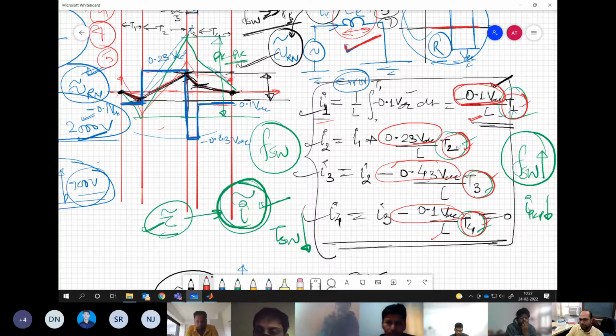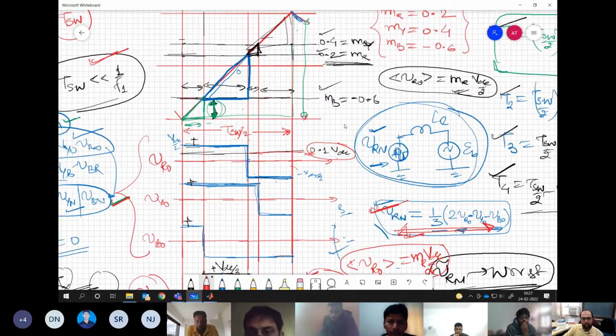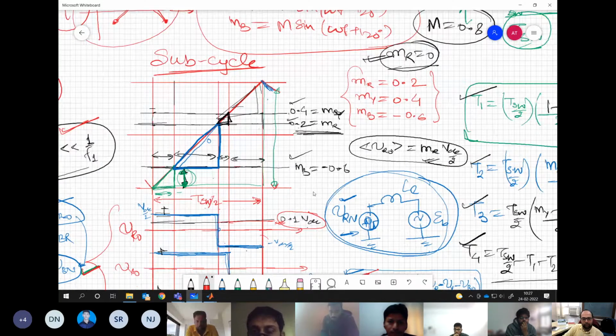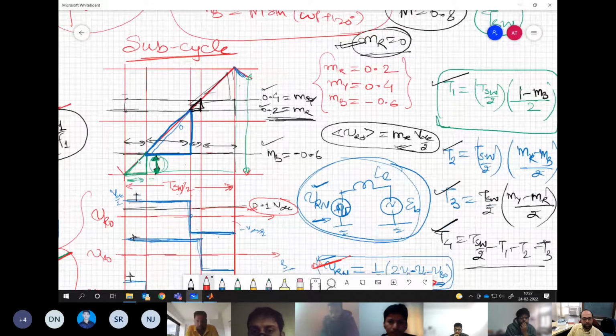Now for time intervals, we have seen that a very easy way to compute is the similar triangle method. If you take one segment of this, this green triangle is similar to the biggest triangle over here. Then take the blue one, again similar to the biggest, then the black one, similar to the biggest one.